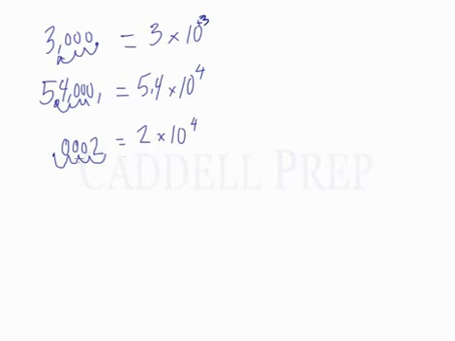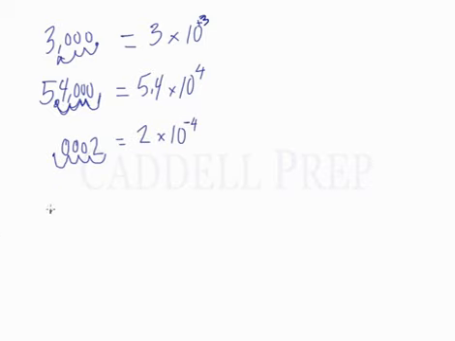So to make up for that, the fact that we made this bigger, or appear bigger, we have to counteract that by making this a negative. So if we look at these, we went from a big number to a small number. So we counteracted that by having a positive exponent. Now we're going from a small number, changing it to look like a large number. So to counteract that, we have to have a negative exponent.